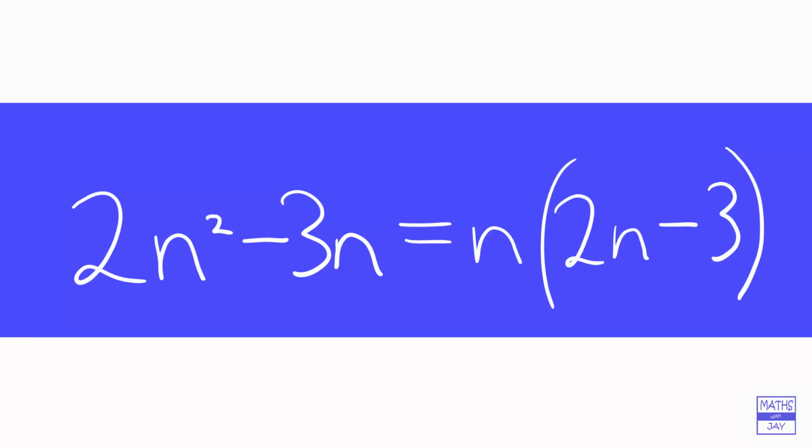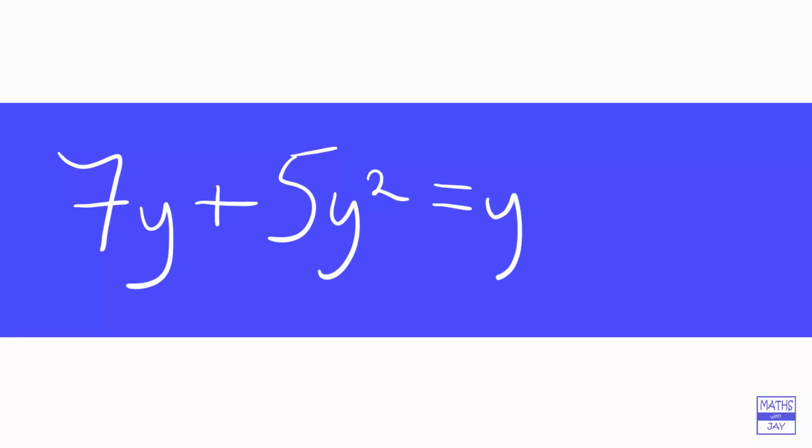So let's have a look at another one like that. So again, we've got an example where the numbers don't have a common factor. But the first term's got a y in it, the second term's got a y squared, so we can put a y outside the bracket.